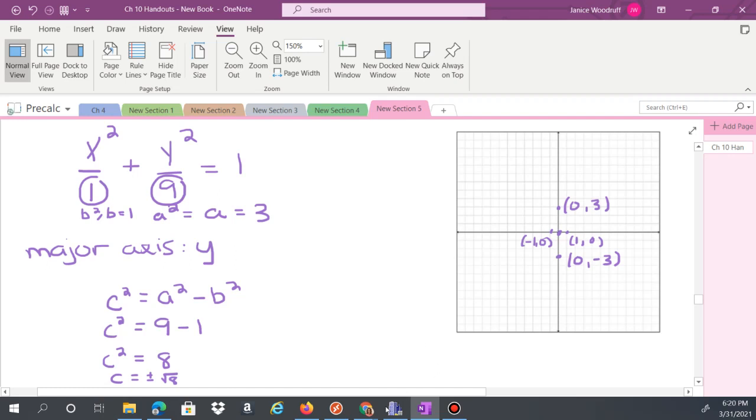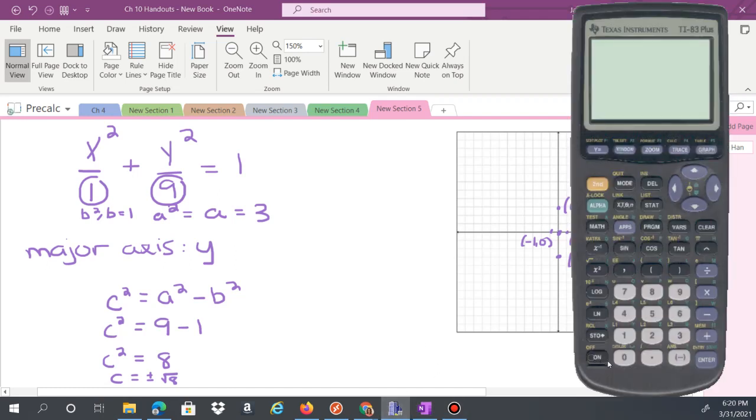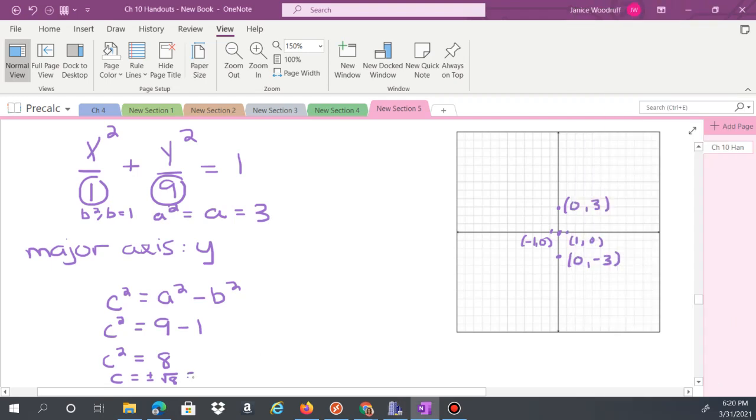So square root of 8 is, what is that, 2.8. So it's going to be right here and right here. But you're just giving the points. So it would just be 0, positive square root of 8 and 0, negative square root of 8.